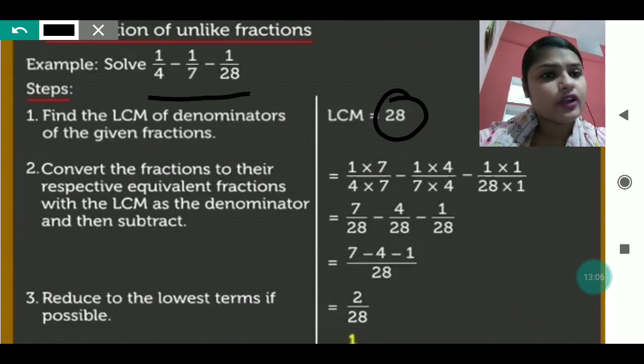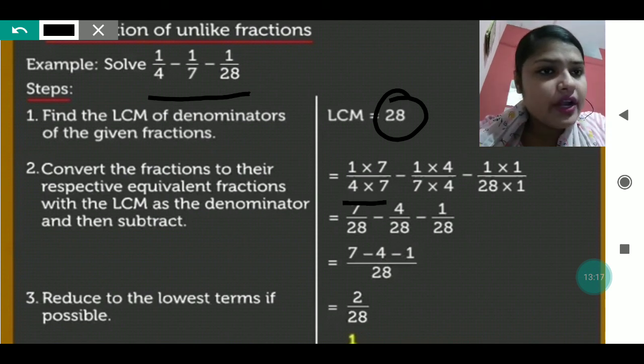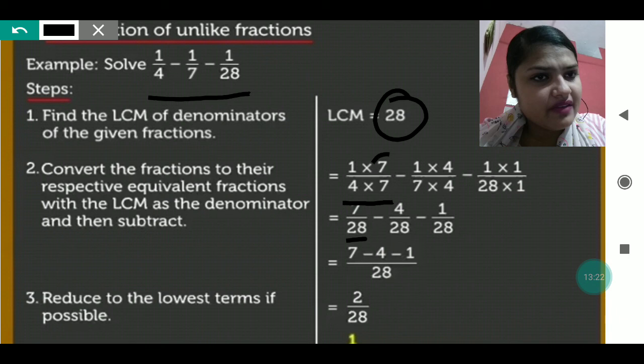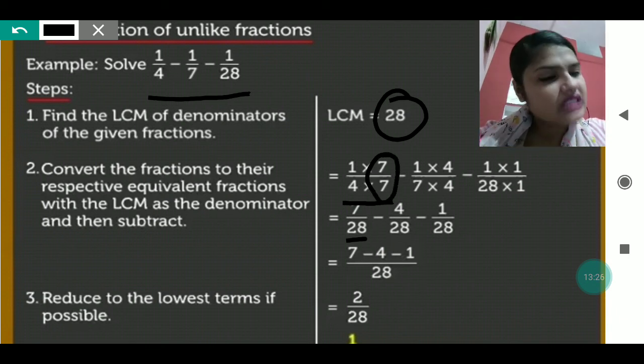We already know the denominator is 28 in each of the fractions. Now how will that 28 come? My dear, that 28 will come like this. 4 into 7 is 28. So if we multiply with 7 downside, we have to multiply upside also with 7 only. So 1 times 7 is 7.